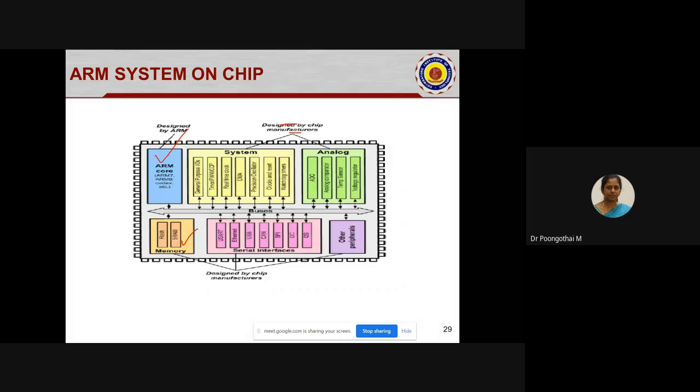It contains an ARM core, which can be ARM 7, 9 or Cortex, along with system peripherals, analog devices, and serial interfaces with external memory. Everything is put into a separate box. This IC is called system on chip, which can be called an ARM based microcontroller, and this core is called the processor.